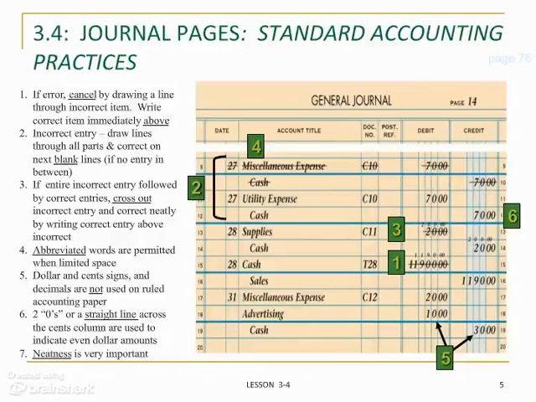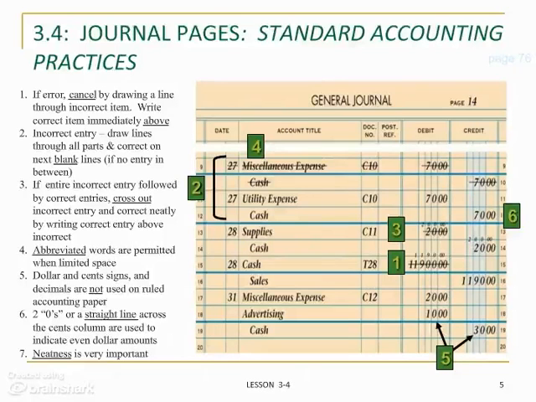Number 5. Dollar and cent signs and decimals are not used on ruled accounting paper. So in this particular instance, when we look at our journal, our dollar amounts, we do not see any dollar signs and we do not see any decimal places or commas.